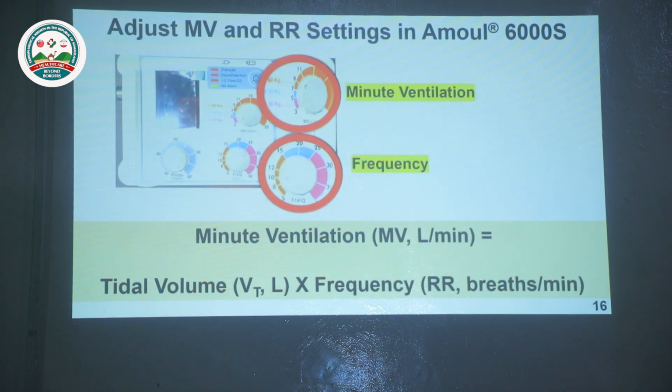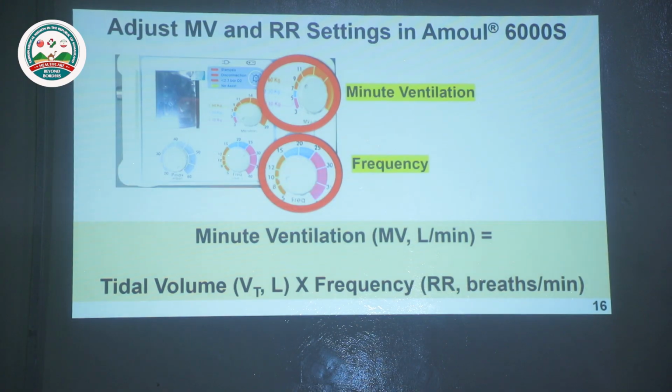Okay, so the above description is a much easier way to adjust the ventilator setting. But if you know the basic concept of the ventilator, sometimes we do a calculation of the tidal volume and the respiratory rate for our initial setting.